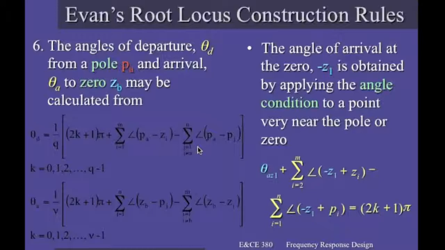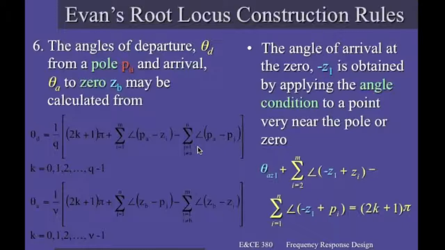Rule number 6 deals with the angle that is necessary to calculate to determine the direction by which each branch, so each locus on the root locus, on the complex plane, is following when leaving from a pole or when terminating on a 0.